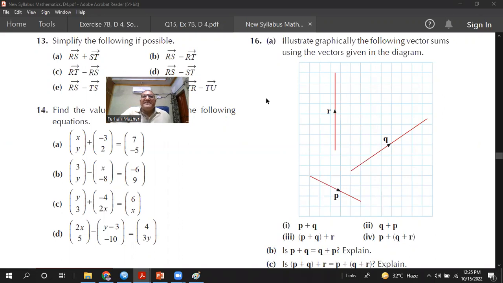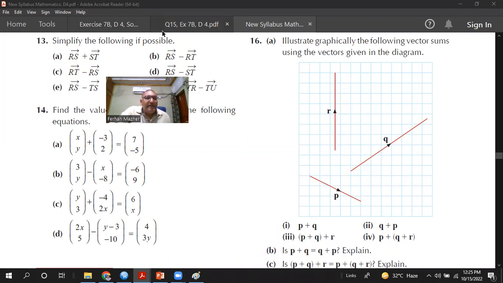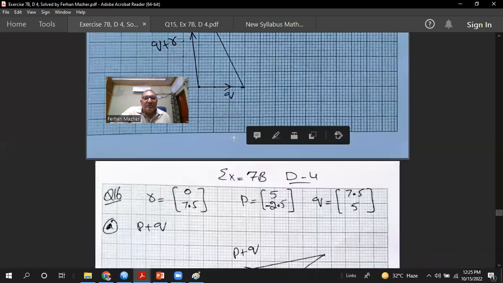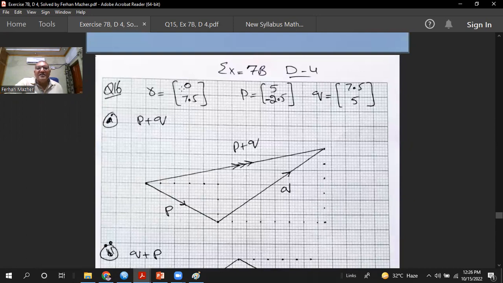So now we are on question number 16. It says illustrate graphically the following vector sums using the vectors given in the diagram. So here you have R, here is the Q, here is P. So I will first of all try to find out the column vectors. Now the R is 0, 7.5.